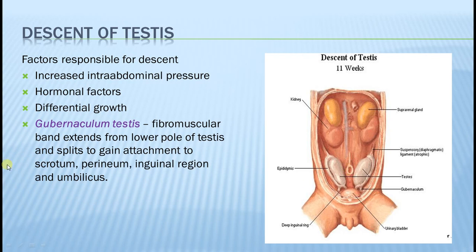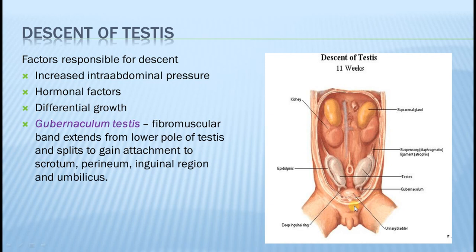Then the most important factor is the gubernaculum testis. It is a fibromuscular band from the lower pole of the testis. From there it goes through the inguinal ligament and splits into many processes called the tail of Lockwood.